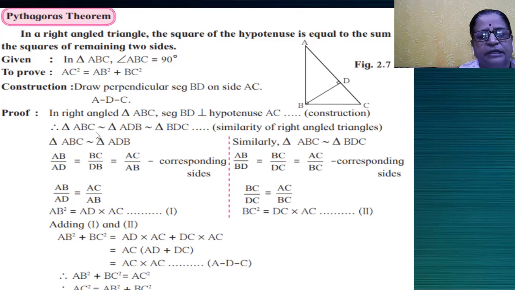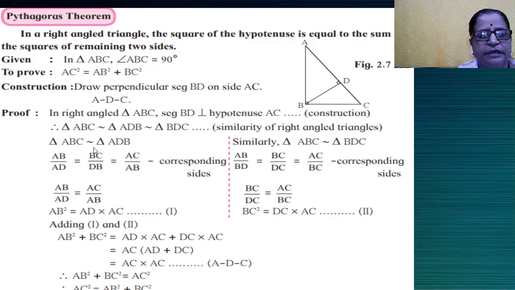Here we have constructed one. So we are taking these three triangles, as we have studied this theorem before: triangle ABC is similar to triangle ADB, which is similar to triangle BDC. We have studied this similarity of right angle triangles. So here, one pair we have taken: triangle ABC similar to triangle ADB.